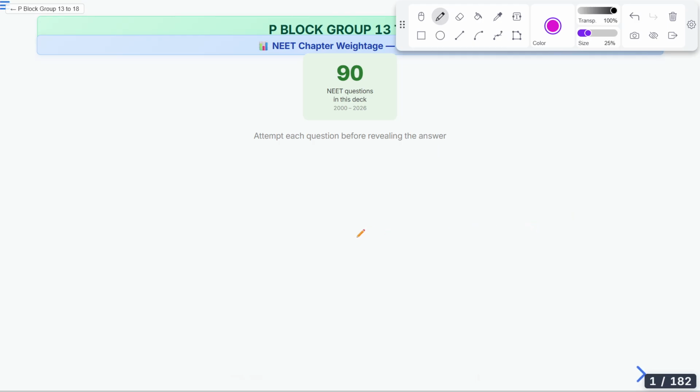So here is your question. It is given that the empirical formula of a compound is P2O5. Okay, this is your empirical formula.